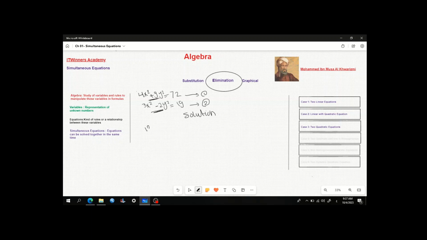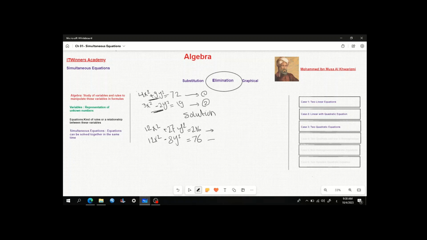Now 12x squared plus 27y squared equal to 260. The second, multiplied by 4: 12x squared minus 8y squared equal to 76.